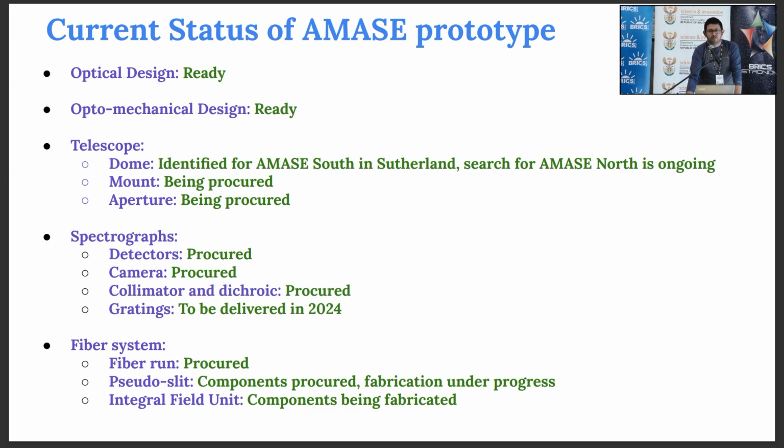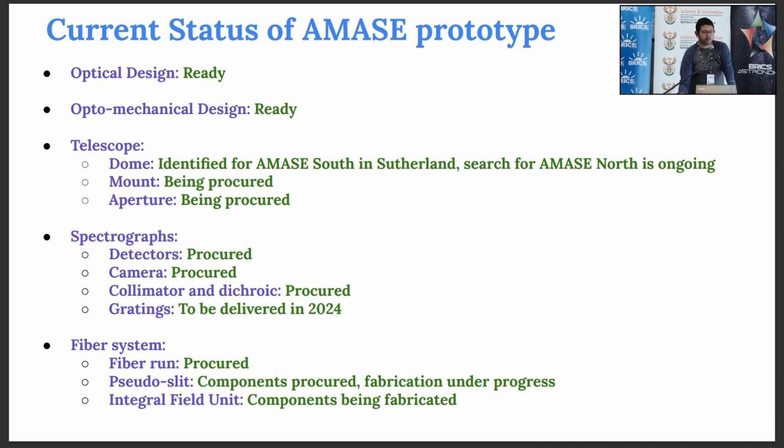The telescope, which will hold the Canon lens, and the Canon lens itself are being procured. The detectors and cameras are procured because they're all off the shelf. We have got our collimator and dichroic, everything in hand.